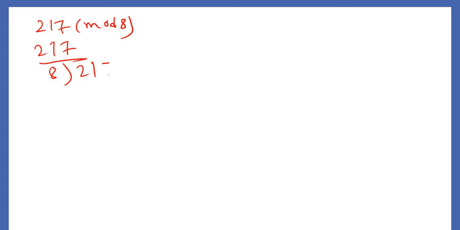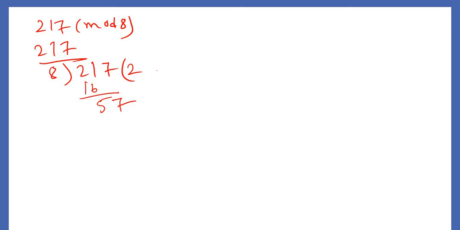217 mod 8. So let us find the value of 217 mod 8. Divide 217 by 8 and find the remainder. Here 8 into 2, 16, and 21 minus 16 is 5. So 57.